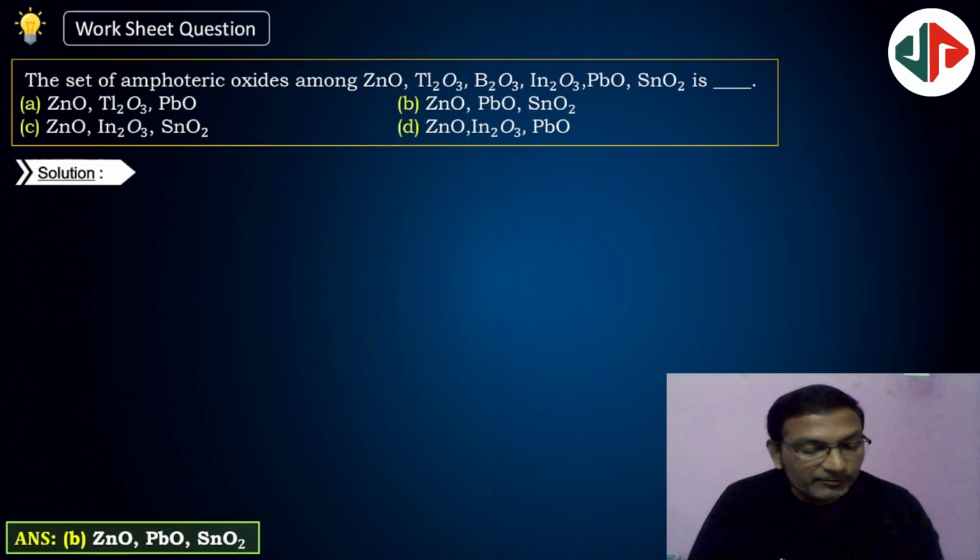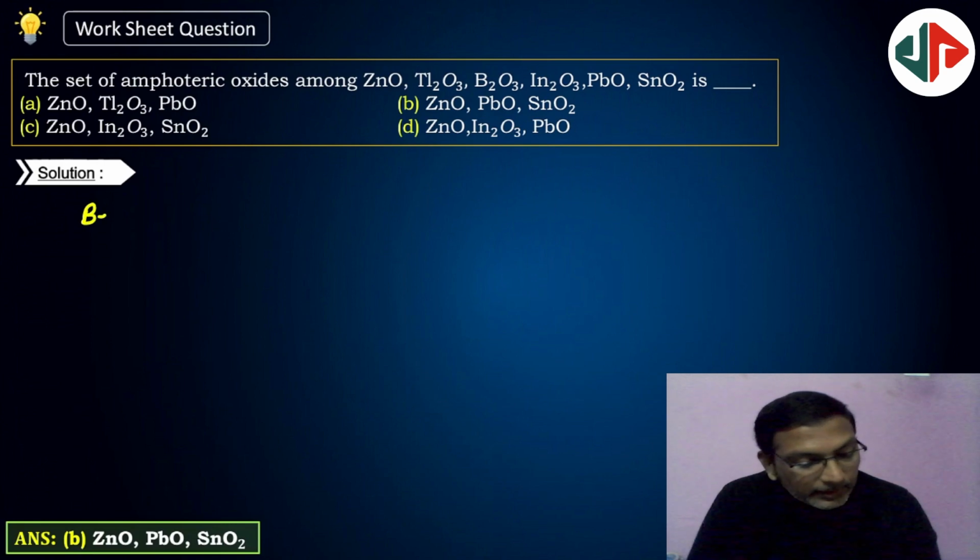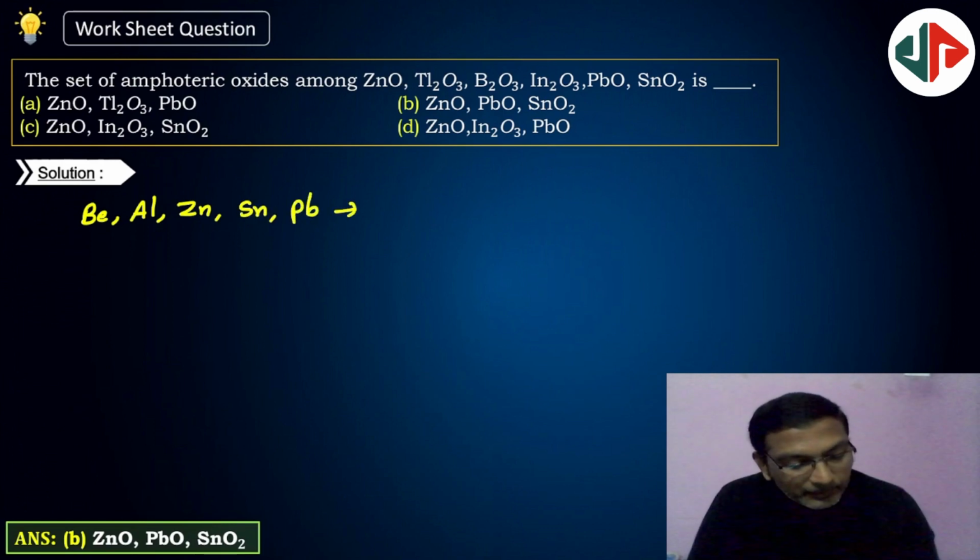The set of amphoteric oxides among the given. Amphoteric oxides, I will add here. Beryllium, aluminium, zinc, tin and lead can form amphoteric oxides.